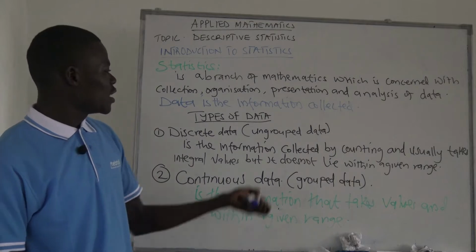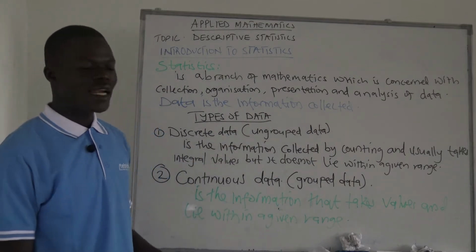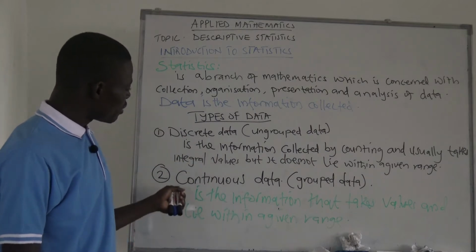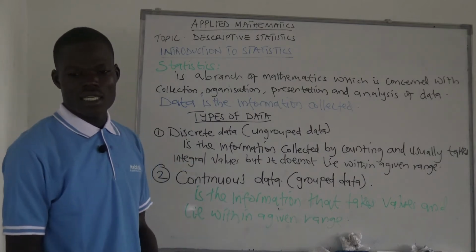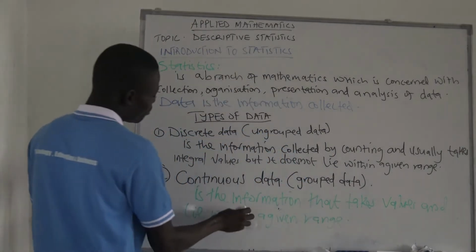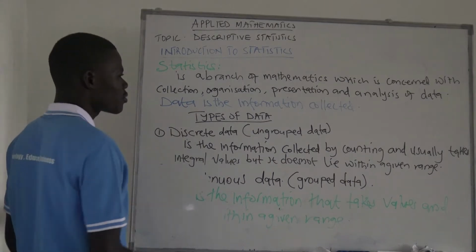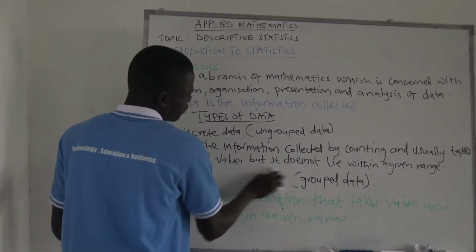Discrete is sometimes called ungrouped data, and continuous is called grouped data. So that's where we shall focus most. We shall start with the first one, which is called discrete data.